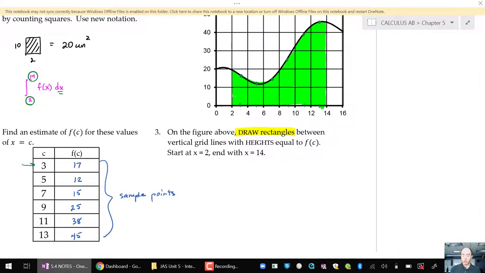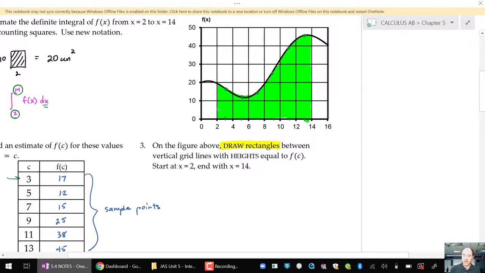On the figure, draw rectangles. And we're going to let the rectangles fill in the region under the curve and then help us more effectively find an approximation for the area. So ultimately here I'm going to have 6 rectangles in this diagram.